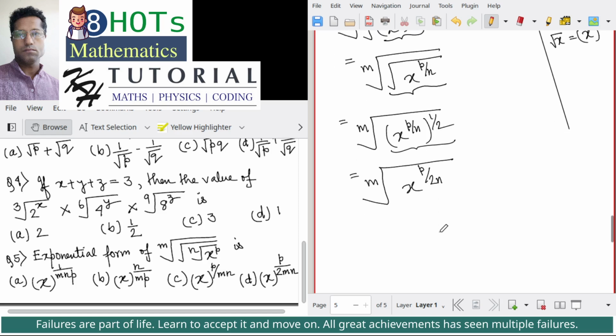So the final step: we have the mth root of something, and in exponential form it will be that something, x to the power p by 2n, this whole raised to the power 1 by m. Again applying laws of exponents, the powers get multiplied, and we have x to the power p by 2mn. Hence the correct choice is D. D is the correct choice.